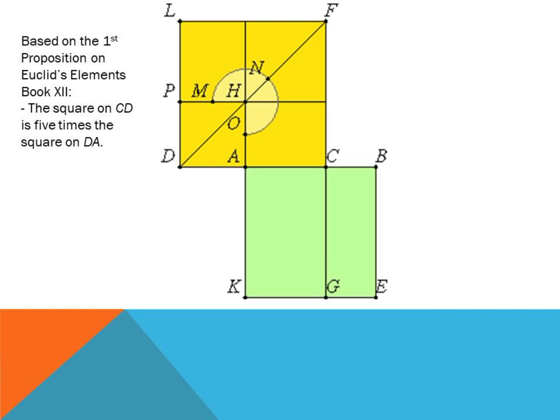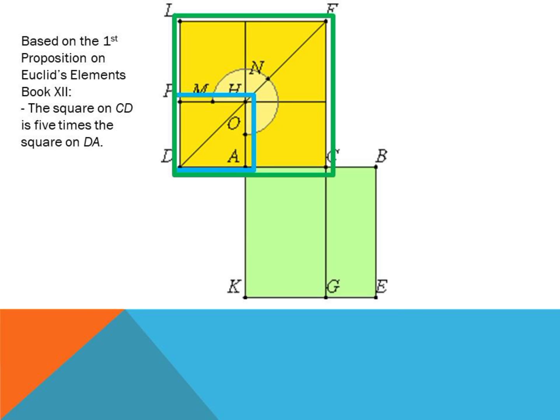Based on the first proposition in Euclid's Elements, Book 12, the square on CD is 5 times the square on DA. So we have here the square on DA and the square on CD. Therefore, the square of DA is commensurable to the square of CD.